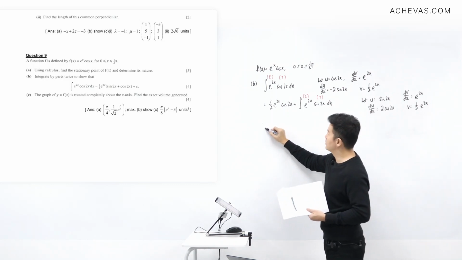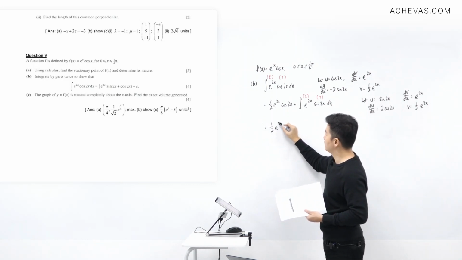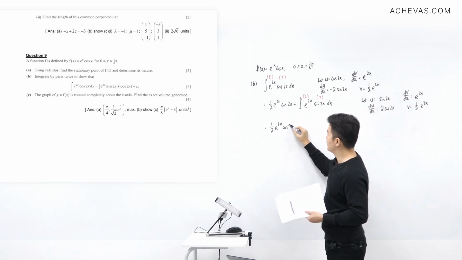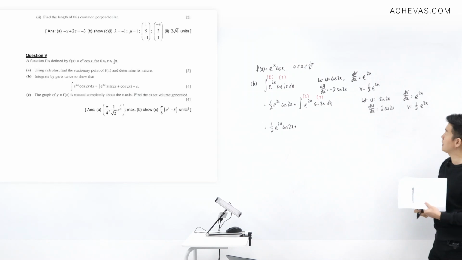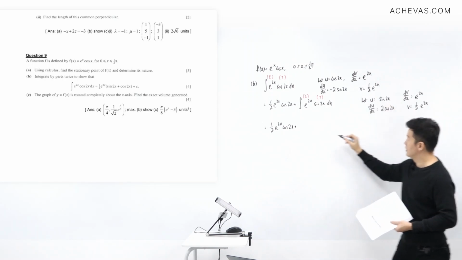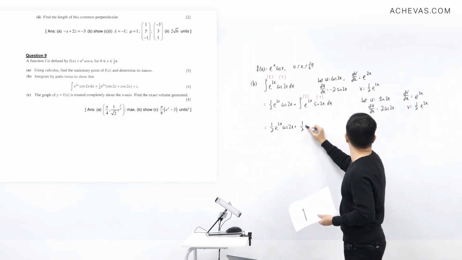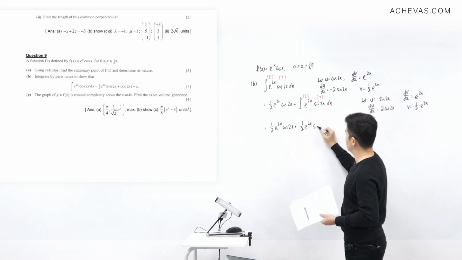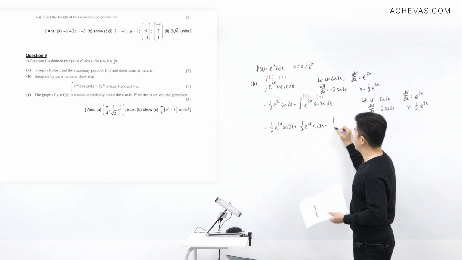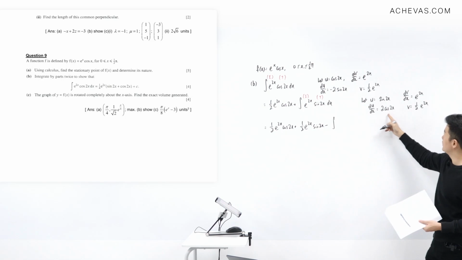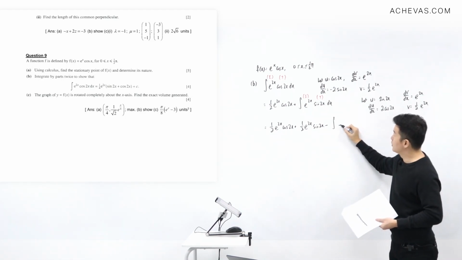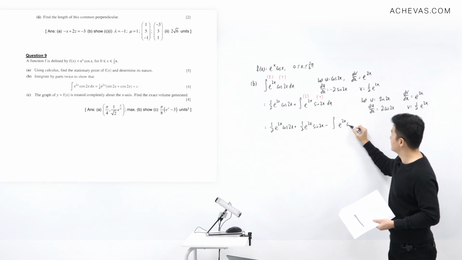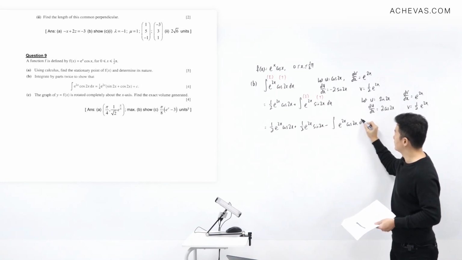So this is going to be equal to 1 over 2 e to the power of 2x cosine 2x plus, here we are going to apply another round of integration by parts. So it's going to be uv, we'll have a half e to the power of 2x sine 2x minus integration of v du dx. 2 multiplied by half is going to become 1. So this will be e to the power of 2x cosine 2x.